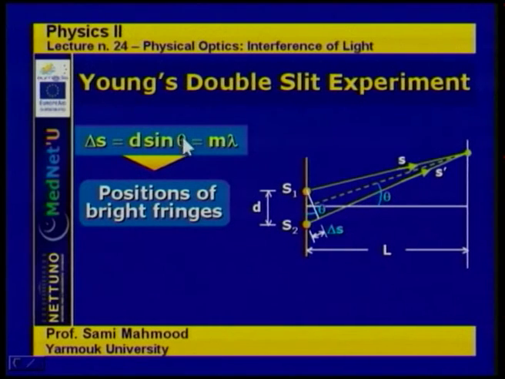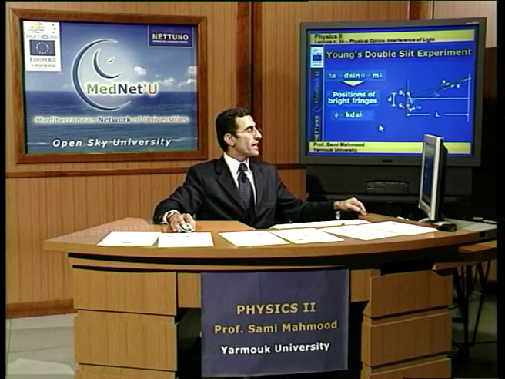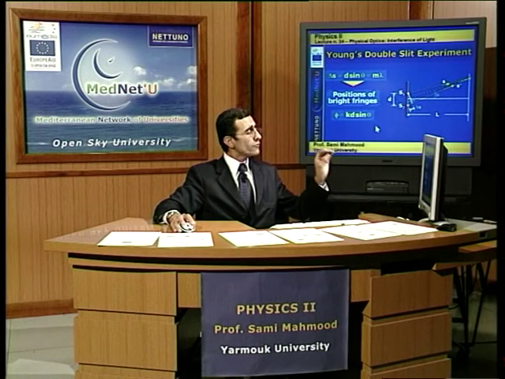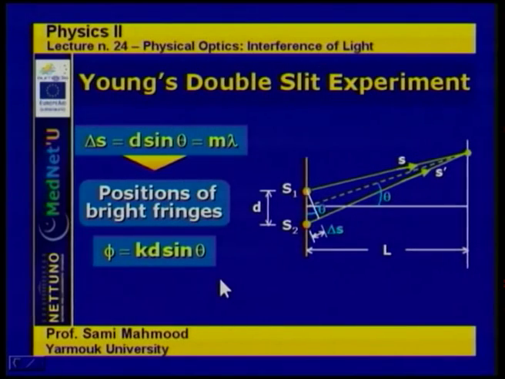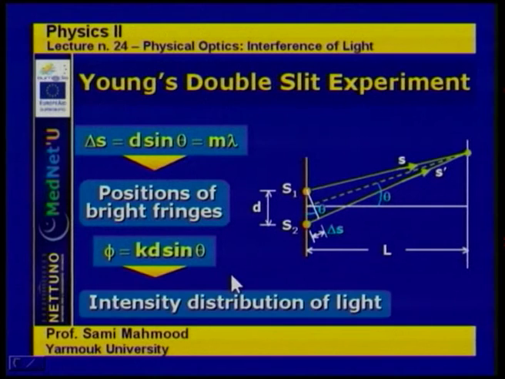At these thetas defined by this relation, we have bright fringes. And if we set the relation phi equal to kd sine theta, as we derived a little while ago, because phi is simply k times delta S, which is kd sine theta, and put it back into the relation that gives the intensity, the E squared term, we get the intensity distribution of light.